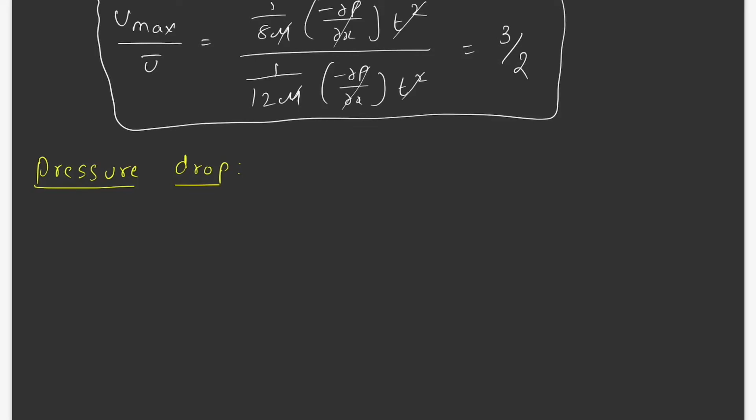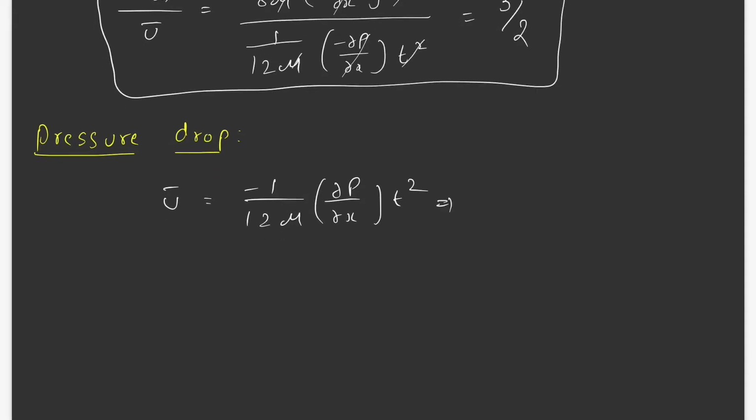We have average velocity U bar equals minus 1 by 12 mu into dou P by dou X into T square. It implies dou P by dou X equals minus 12 mu U bar by T square.